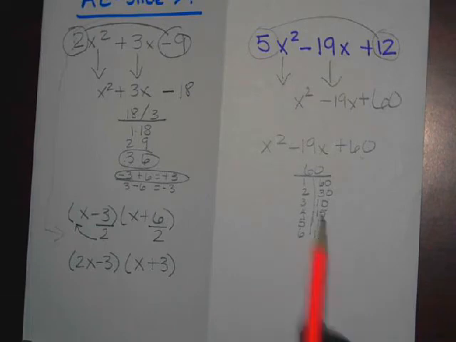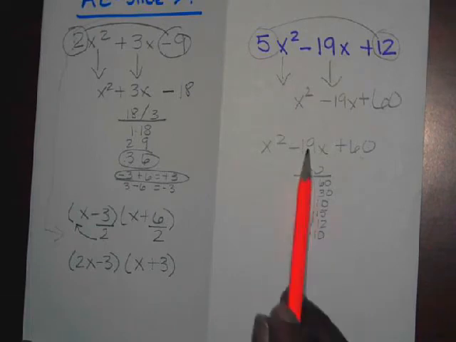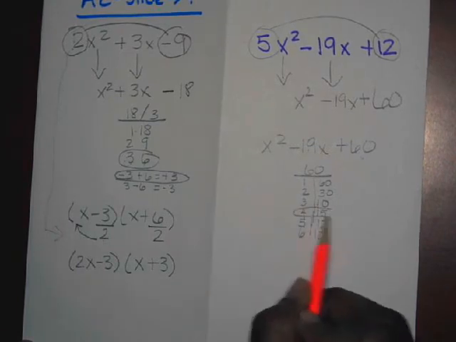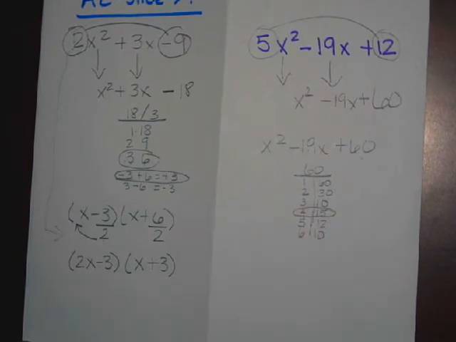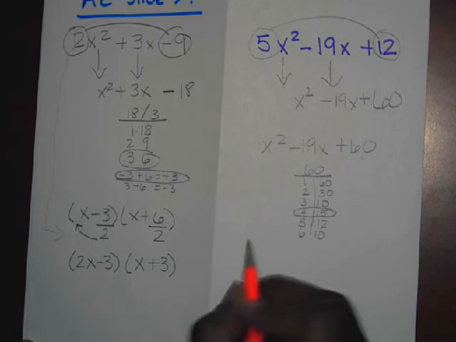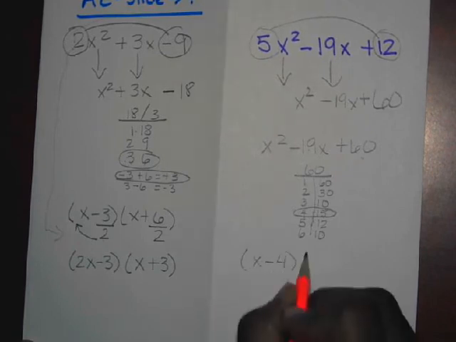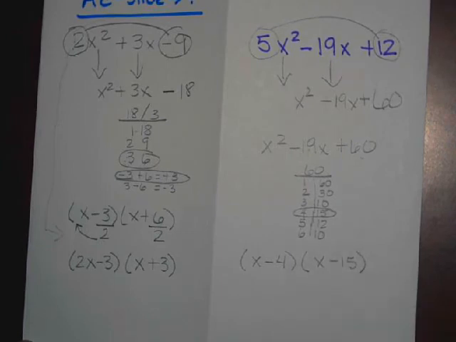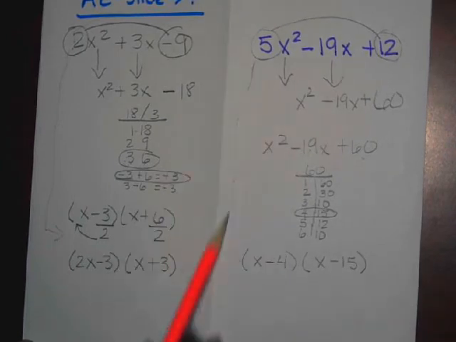All right, so now which one of these combinations will give me 19? Hello, right there. I need a negative 19. So in order to make negative 19, both of these need to be negative. So I will have x minus 4 times x minus 15. Slide that 5 on down here.